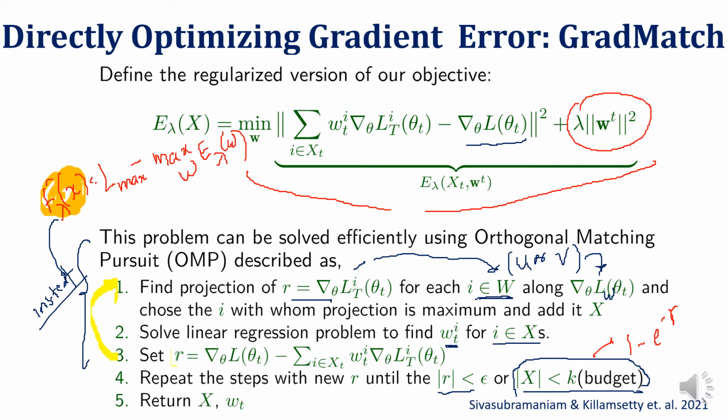So F lambda of X can be shown to be approximately submodular, and it basically admits a 1 minus exp of minus gamma approximation guarantee.